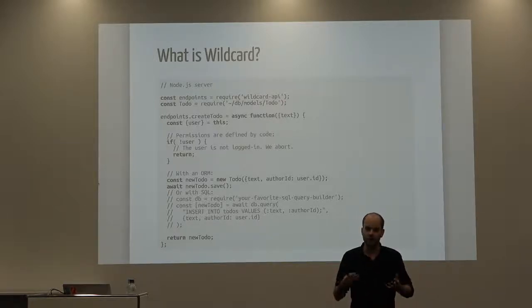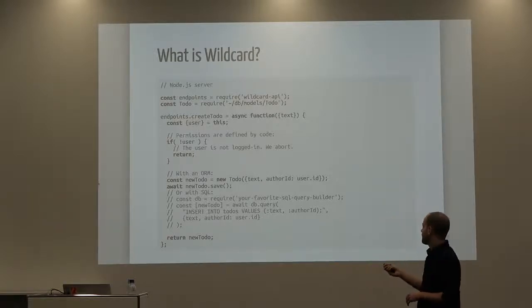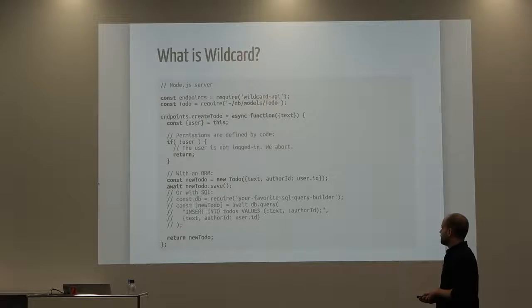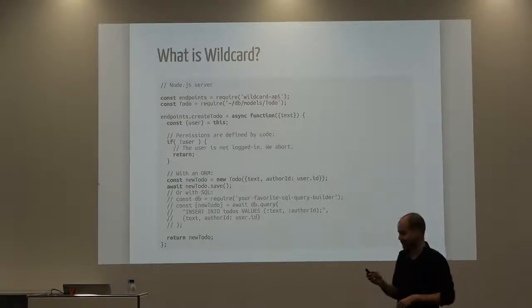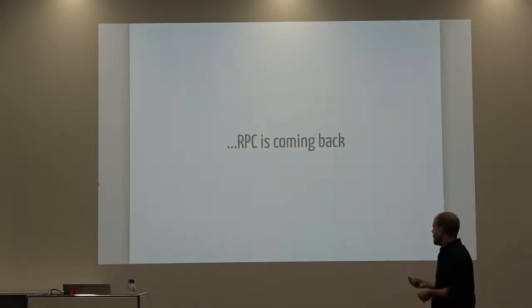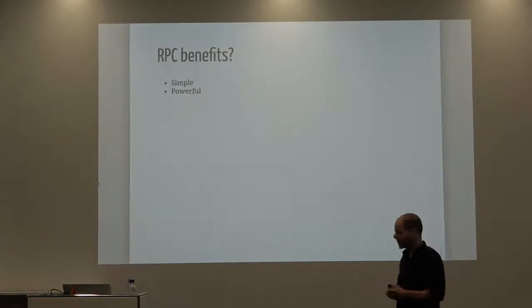If it's not the case, you abort. So you can see that permissions with RPC are done programmatically. Programmatic permissions, so to say. So it's powerful, yet you can define permissions, so it's secure.